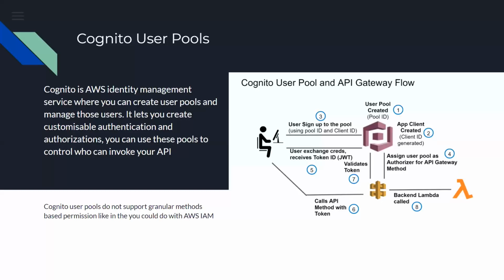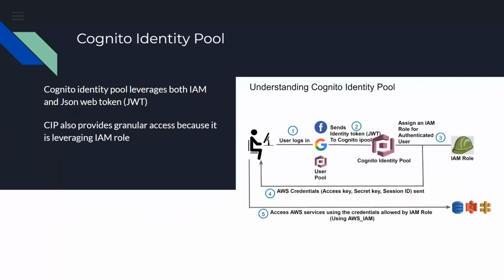It's not that it's not possible, it is very possible, but it is not advisable to keep creating different pools. So to solve this issue, we have the Cognito identity pool.